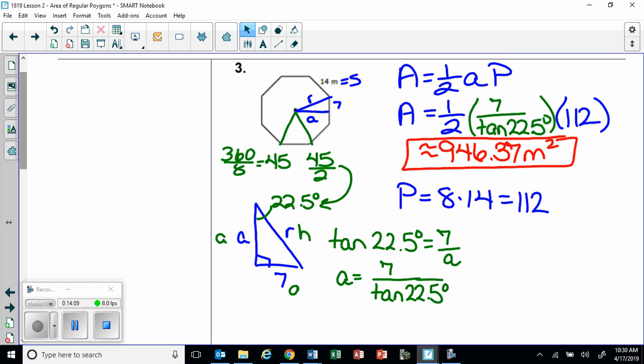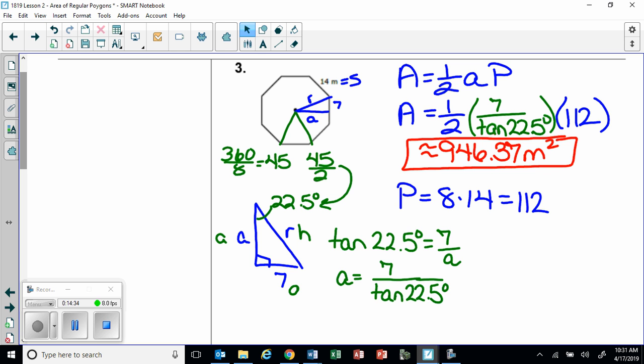At that point, I said, okay, what's my central angle? So 360 divided by 8 is 45 degrees. Cut that in half for the triangle, and I have 22.5 degrees. I used trig to find the apothem, and I did not put that in my calculator. Okay, I substituted the entire expression back up into the formula.